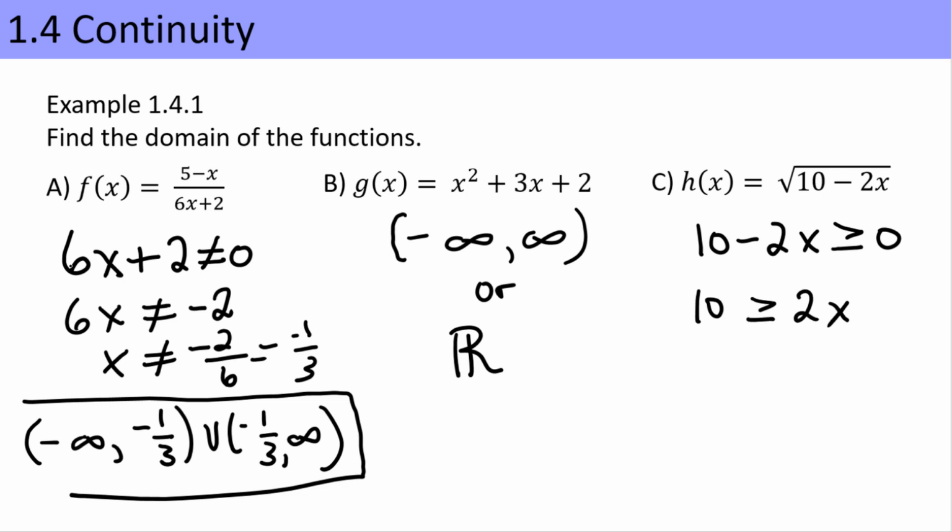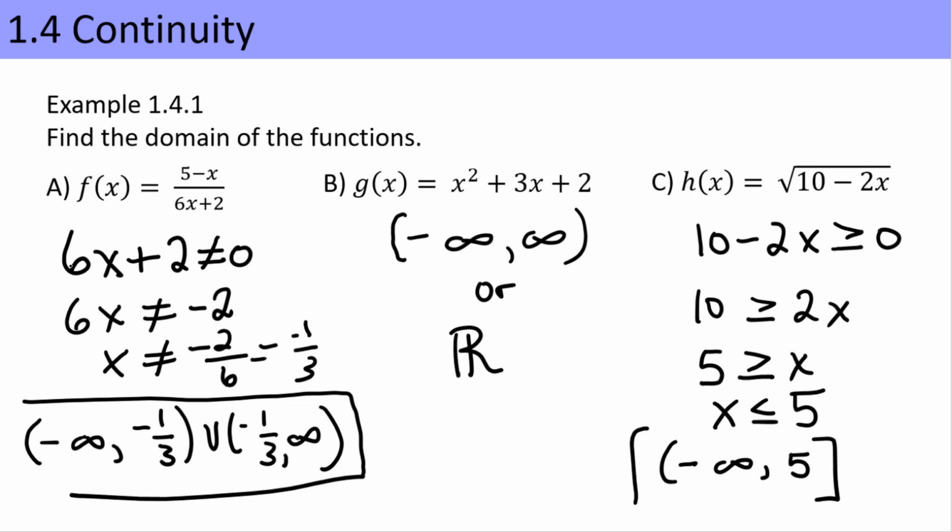Let's divide by 2 on both sides, so we get that 5 must be equal to or greater than x. I prefer to see the x on the left-hand side, so I will write this as x is equal to or less than 5. So in interval notation, that would be negative infinity to 5, use a bracket because we can include the 5.